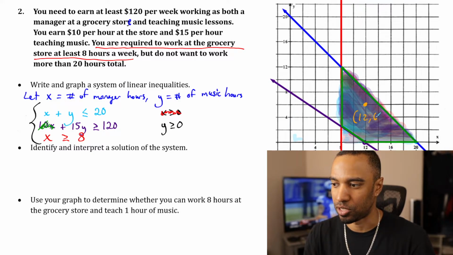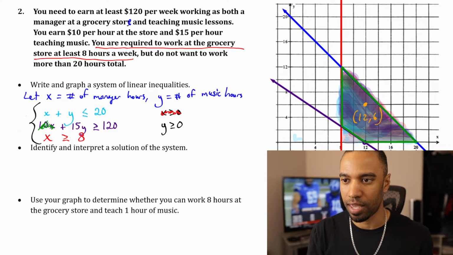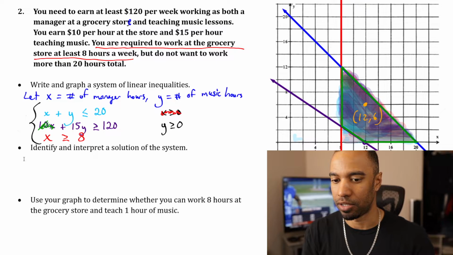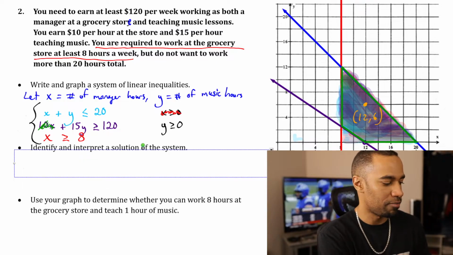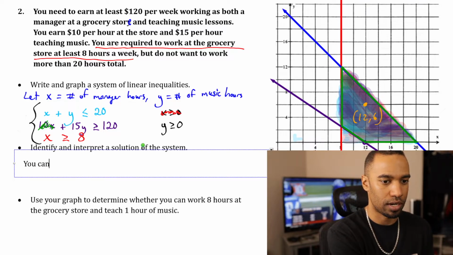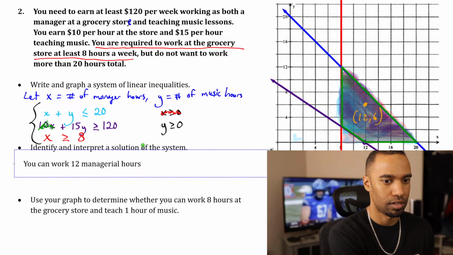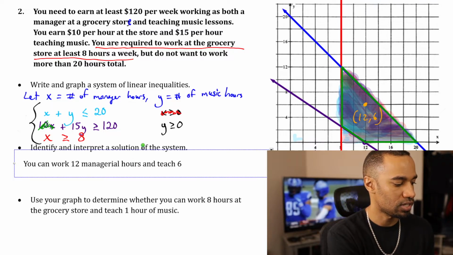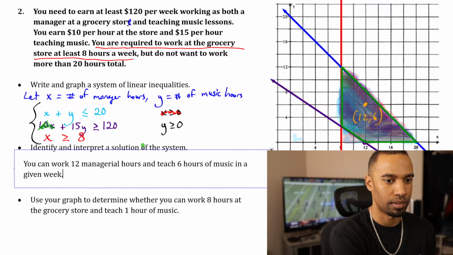So 12, comma 6. What that's telling me is that in satisfying everything involved, and I'll mention what they are in a second, where X is the number of manager hours, I'm saying you can work 12 managerial hours and teach, what is it, 6 hours of music in a given week.